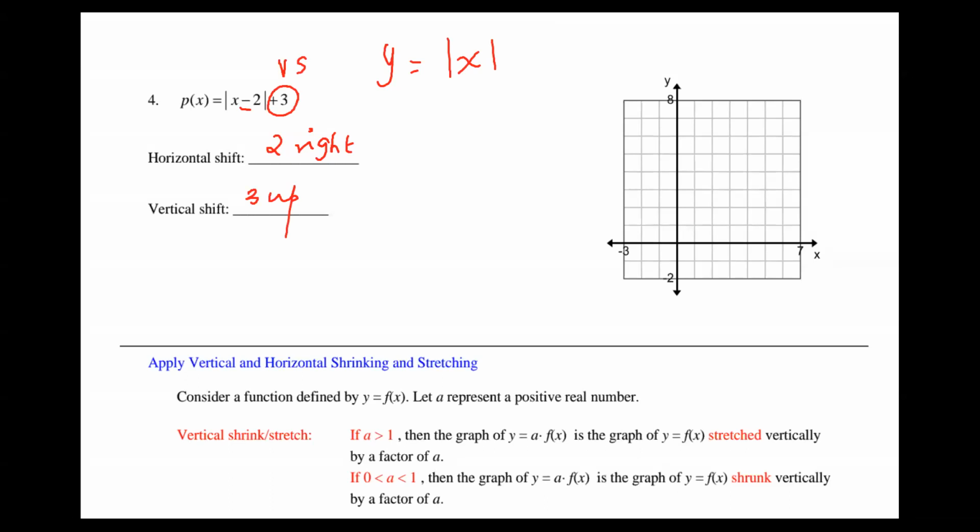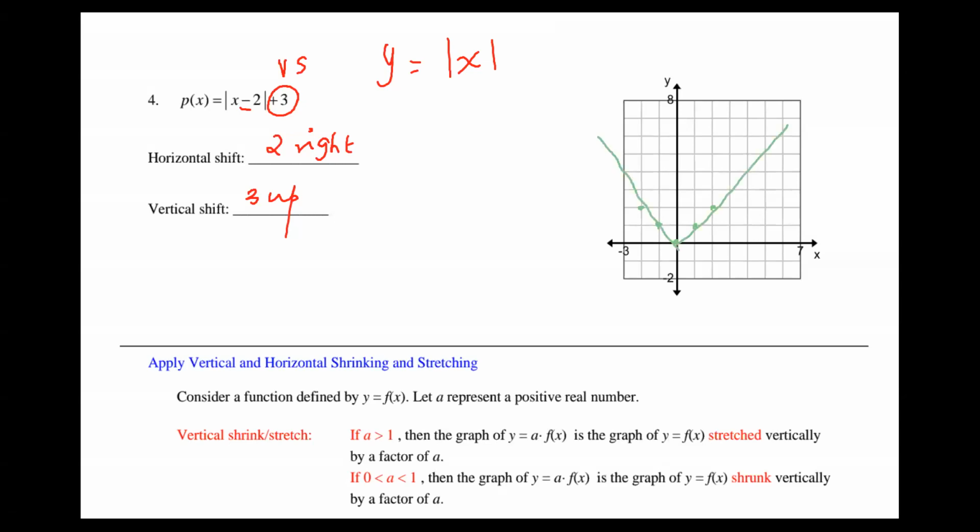Sorry, I meant absolute value. I'm sorry about that. So absolute value of 0 is 0, 1 is 1, -1 is 1, 2 is 2, -2 is also 2. So it's a V-shaped function.